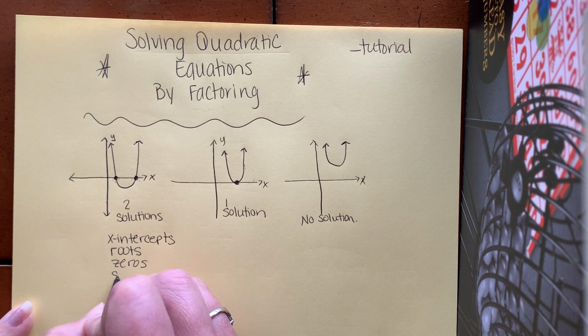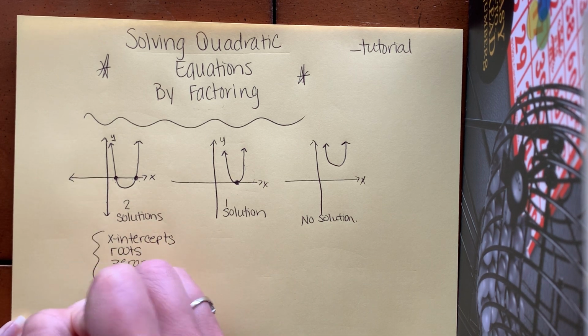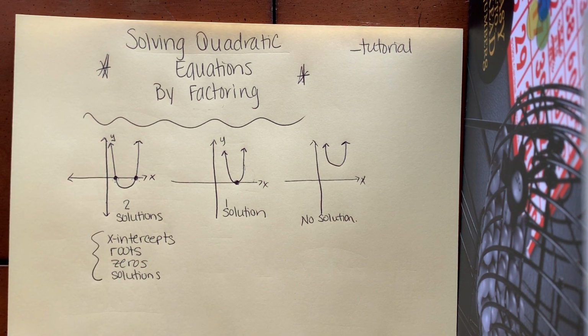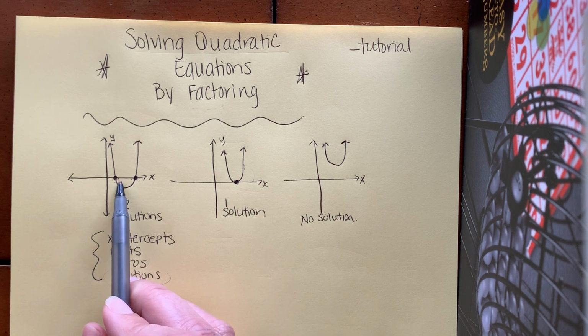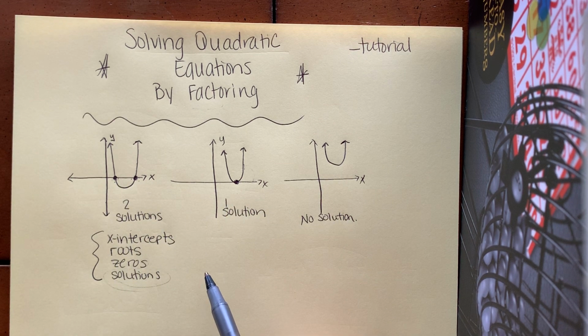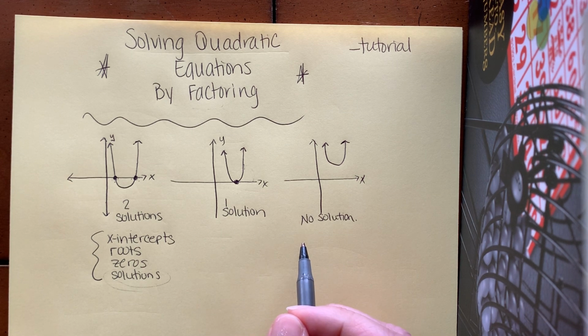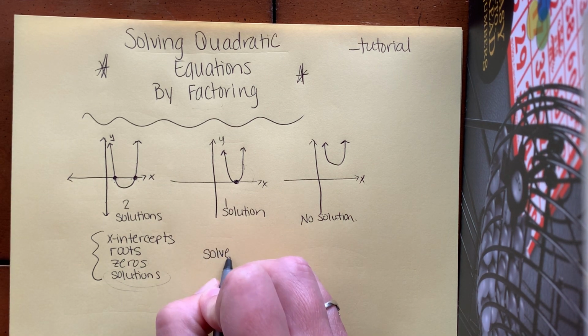Or solutions. So just know if you see one of these 4 words and they're asking you to solve it, this is what they're looking for: the x-intercepts, the roots, zeros, or solutions. They all mean the same thing. Remember, we can only have 2, 1, or none. There is no way to get 4 solutions, 3 solutions, 5 solutions, something like that. Not with parabolas.